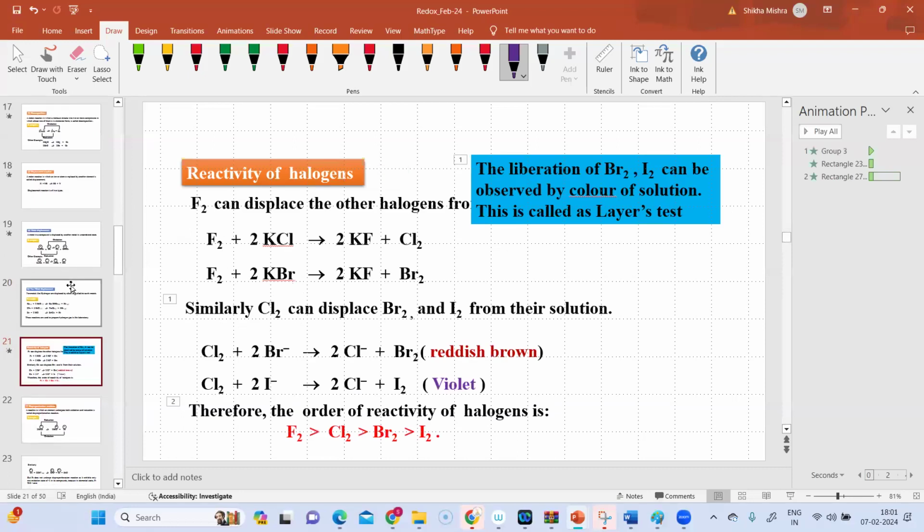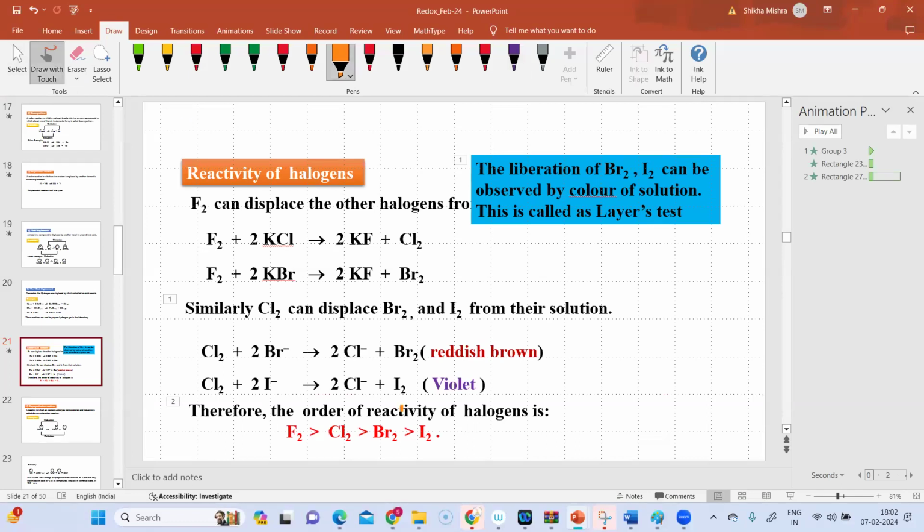Now talking about the halogens, a more reactive halogen will displace the less reactive halogen from its salts, right? So we know that, again, we have talked about group 17, we have talked about the reactivity in the periodic table. So we'll be saying fluorine is most reactive, and the order of the reactivity of nonmetals is written at the bottom of the slide.